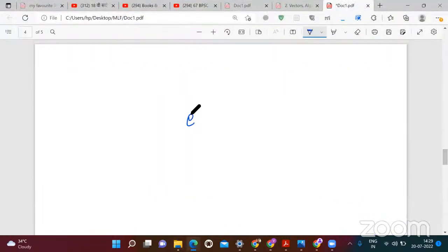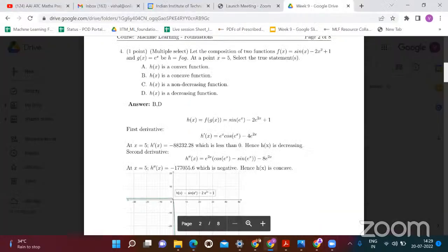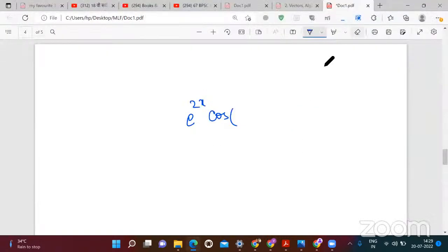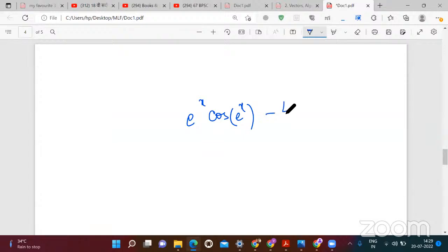What is this? e to the power 2x. Minus 4 e to the power.